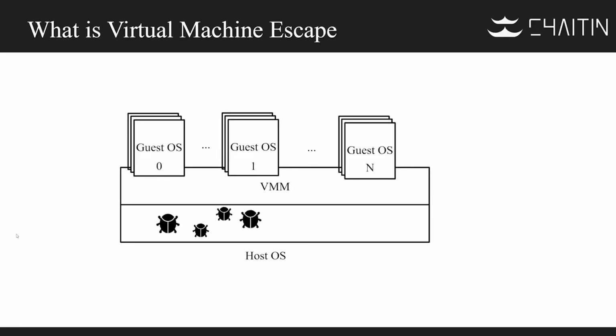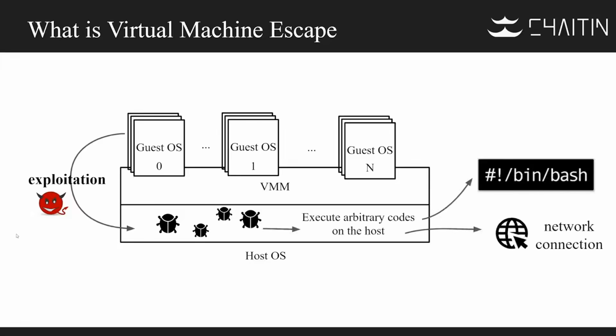However, if there are some vulnerabilities in the host emulation part, it's possible for the guest OS to escape the virtual machine environment. The guest OS can communicate with the virtual hardware and exploit the vulnerabilities. In this way, it can execute arbitrary code on the host, and this is the virtual machine escape.